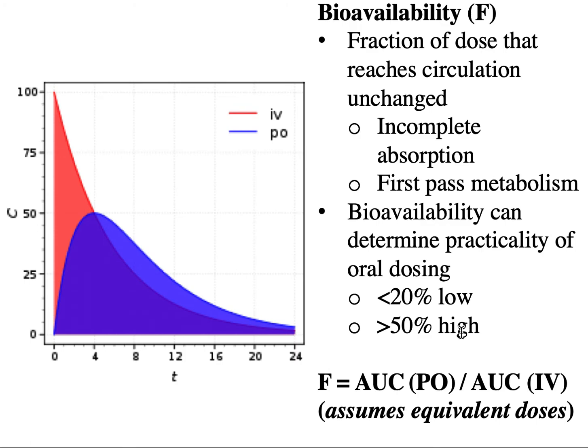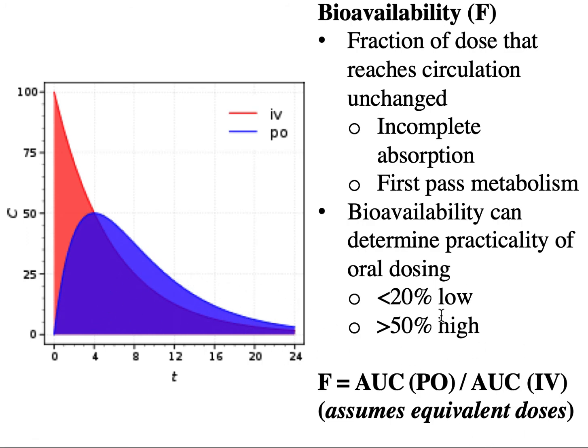And so the fraction of the drug looks at the amount of drug that's taken by mouth versus the amount of drug that would be taken IV, assuming equivalent doses. This is the area under the curve that you're comparing.